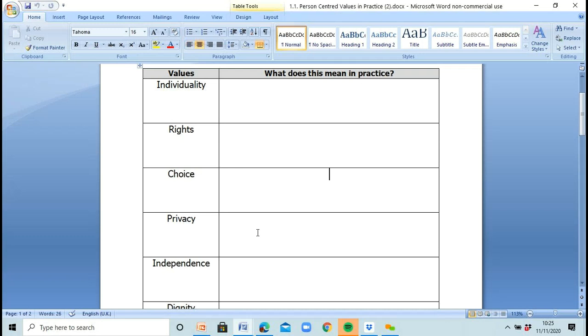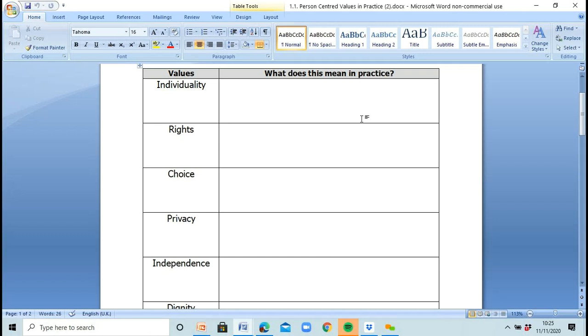So if you could answer what these mean and email them to me before Monday's session, do you think that would be fine? Yeah, it'll only be a couple of sentences. I don't want something really big. Just a couple of sentences saying what individuality means, what rights means.